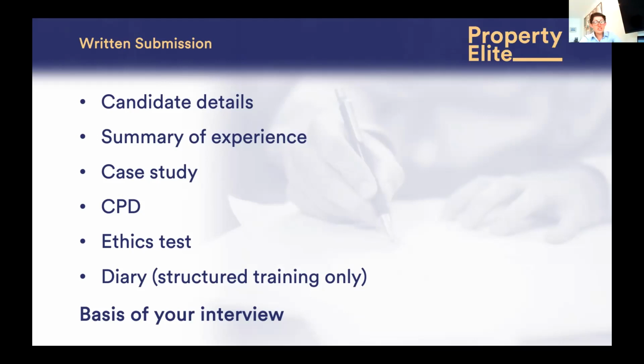The written submission, everything is submitted via ARC. There's now no in-flight paper-based arrangements. Things that you need to check then. So candidate details. It's actually really important to get these right and to make sure that you upload any qualifications, get your work experience, employers on there.